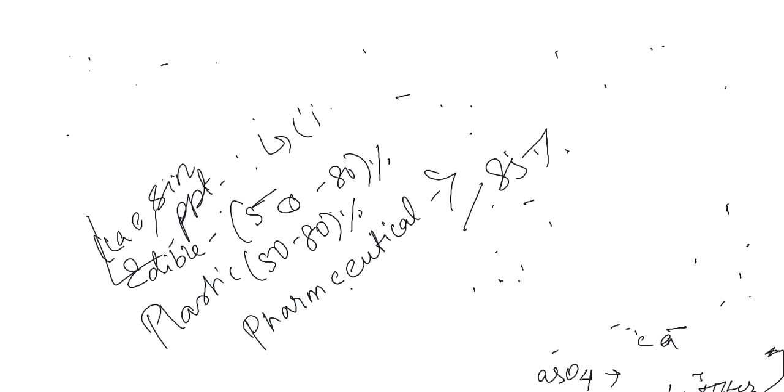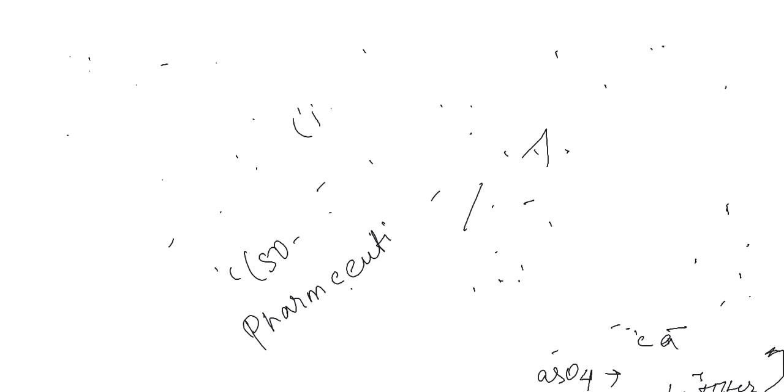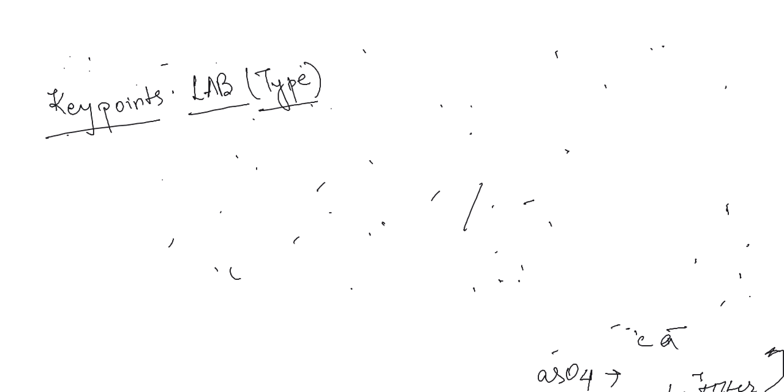Just the key points you need to take. The lactic acid bacteria, what type it is: it is non-sporulating and anaerobic, though it can withstand aerobic conditions. What are the characteristics of LAB?